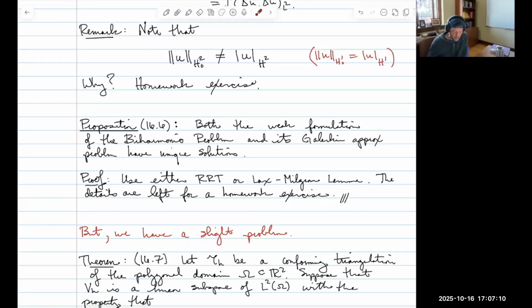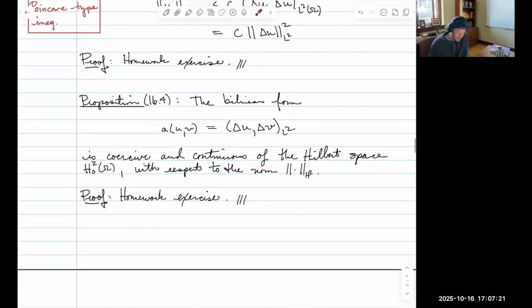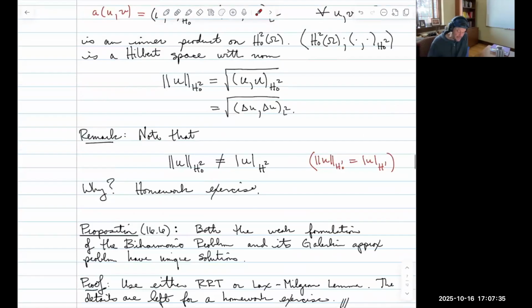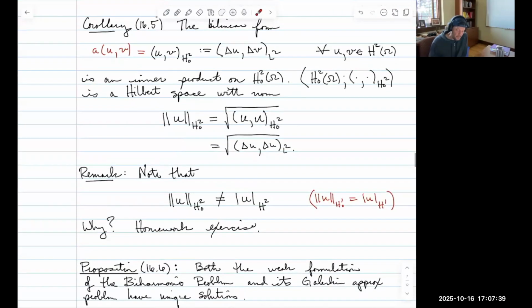How would I prove this? Well, I can use the Riesz representation theorem, which is very easy to do because I have a symmetric bilinear form. Did I say that earlier as well? I guess I should have. Right here, it's obviously symmetric, but the most important thing is that it's coercive and continuous. The fact that it's symmetric, coercive, and continuous means that this object is an inner product.